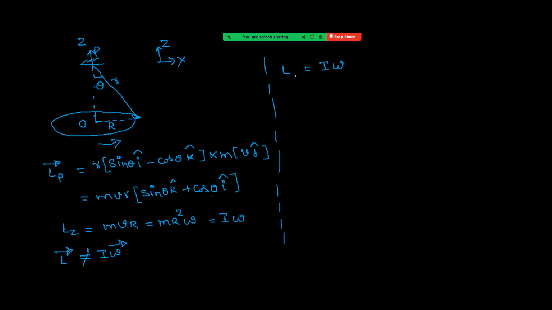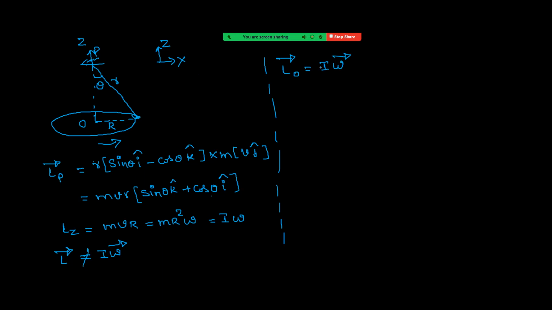When we take about O, angular momentum has only one component, along the axis of rotation. Omega is also along the same direction. That means in this case we can write L bar equal to I omega bar.